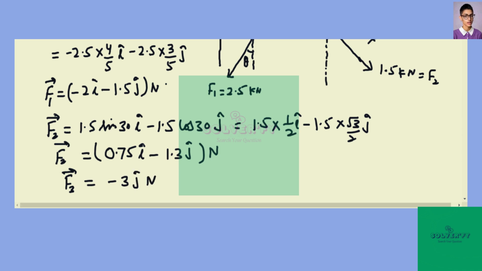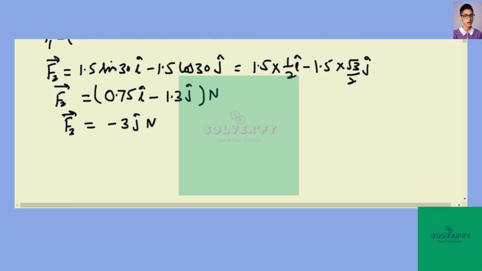We have to find the resultant of these forces. So the resultant force acting on the beam will be F1 plus F2 plus F3. Now we have to substitute the values. F1 is minus 2 i cap minus 1.5 j cap.